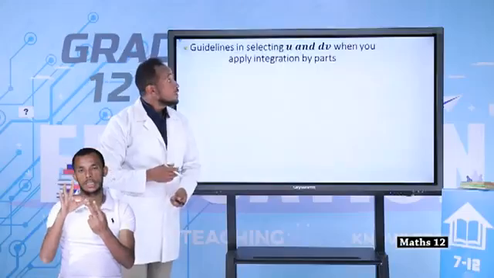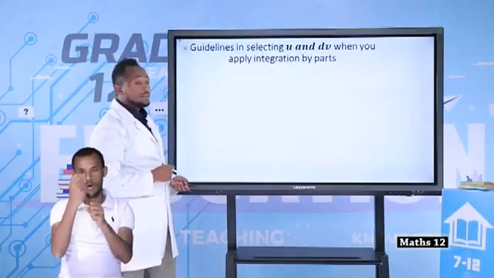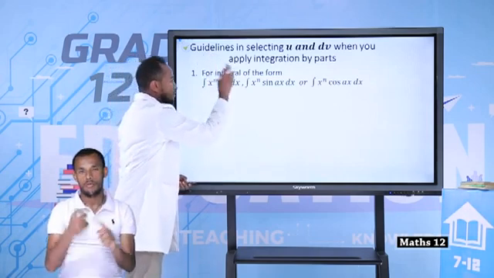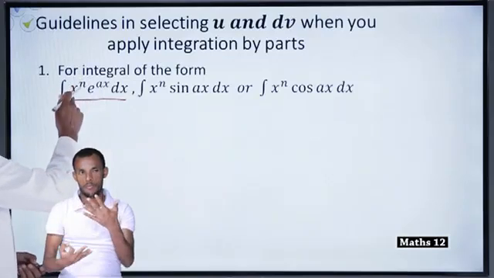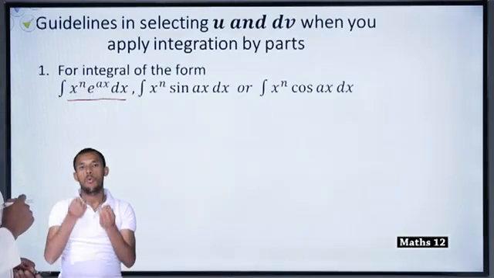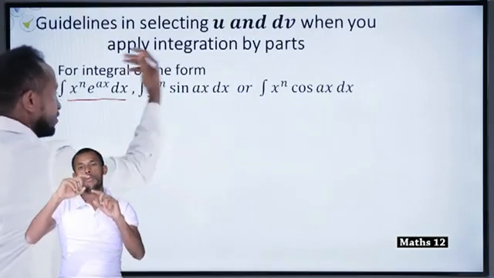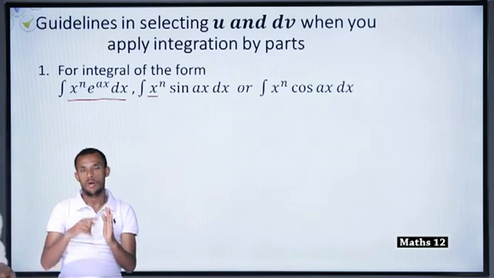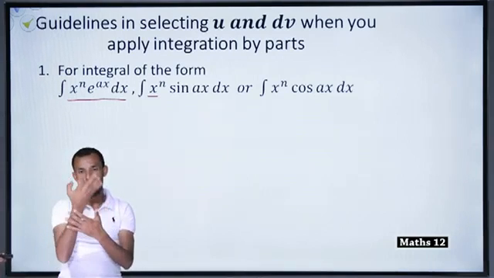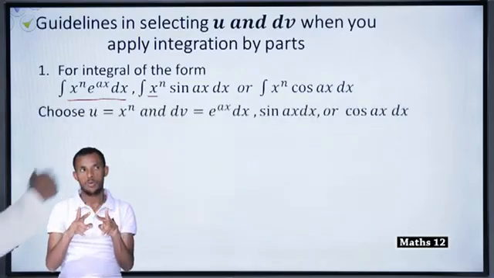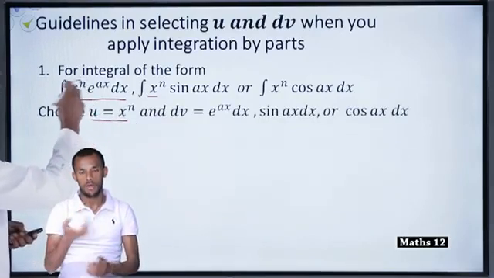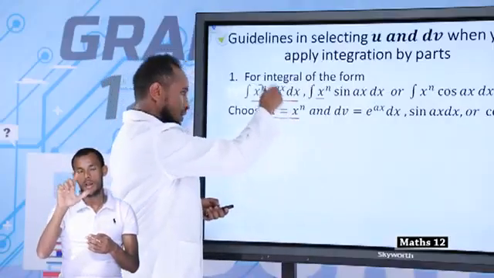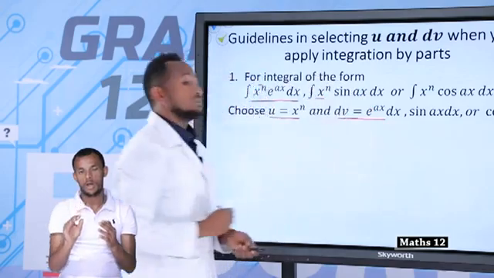Guidelines in selecting u and dv when you apply integration by parts. For an integral of the form polynomial times exponential, or polynomial function times trigonometric sine x, either sine x or cosine x, for this form assume u to be x, the polynomial part will be u and the exponential part will be dv.